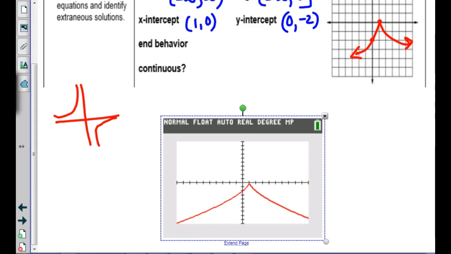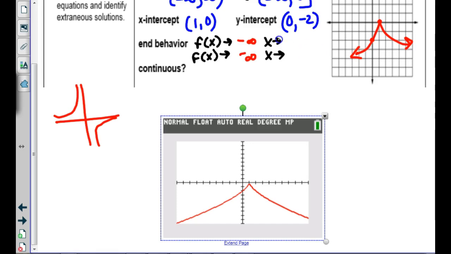Tell me about end behavior, guys, and then I'll come look. F of x approaches what as x approaches what? What is y doing on both ends, guys? It's going down. So the y's are going down on both ends.